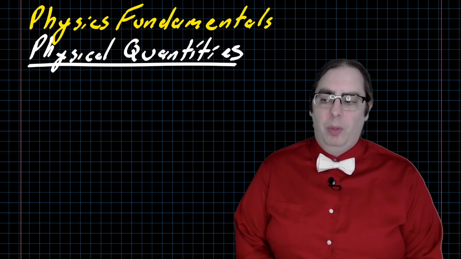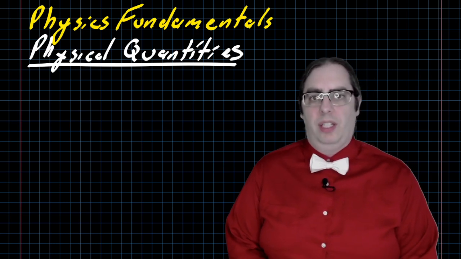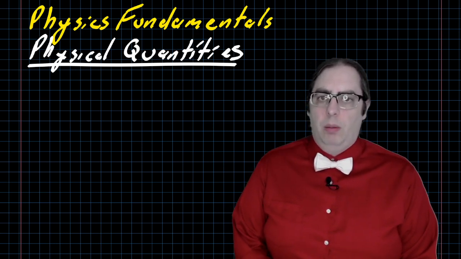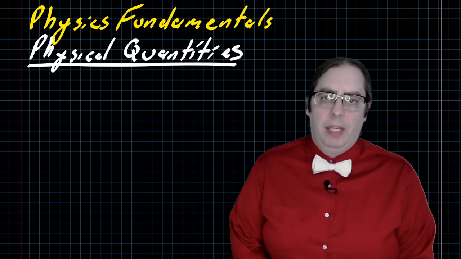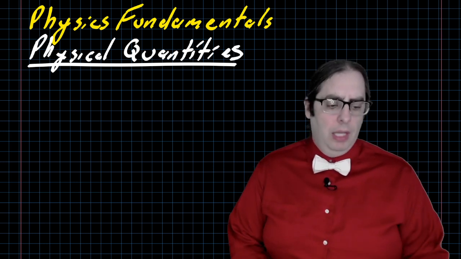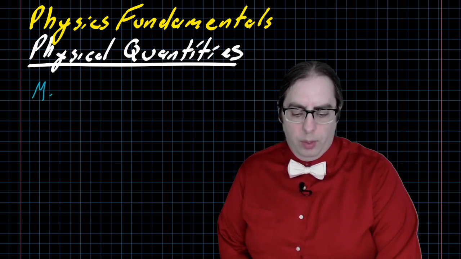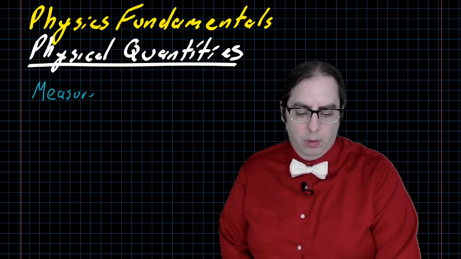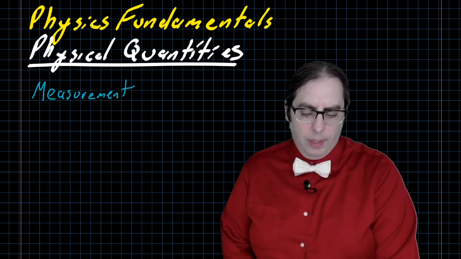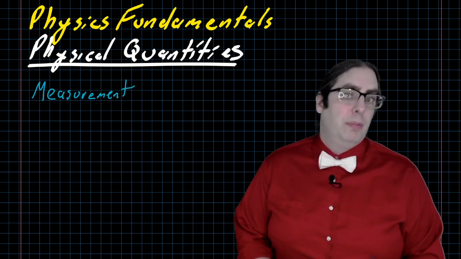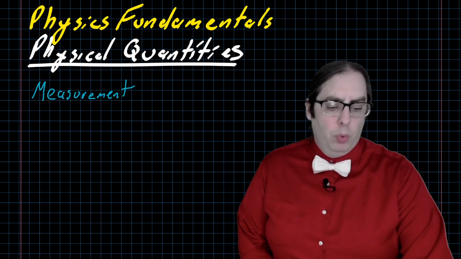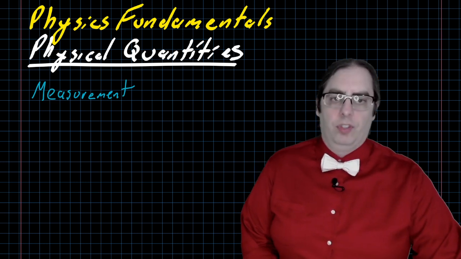In this video, I want to talk about physical quantities, which is a more in-depth topic than the title may suggest. But the basic ideas here all come down to measurement. And measurement in and of itself is more general than you might think of at first glance.